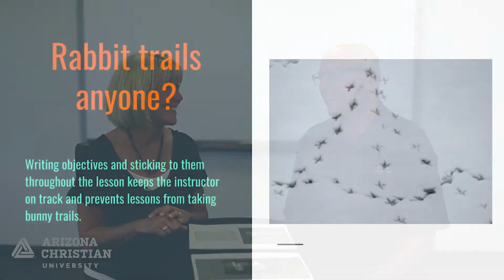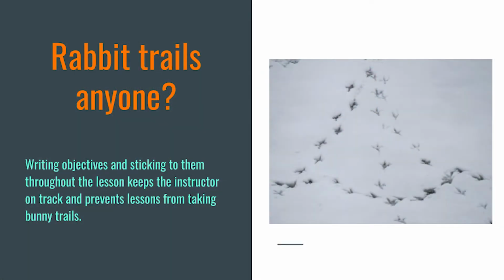So that's really one of the major reasons why you want to not only write the objective, but also communicate the objective. The other area is that students are really good about either intentionally or unintentionally getting you off track. They like to ask you some questions. Sometimes it can be about you personally, but it could be generally about the topic, but they start getting you off task. And you can come back to those kinds of things.